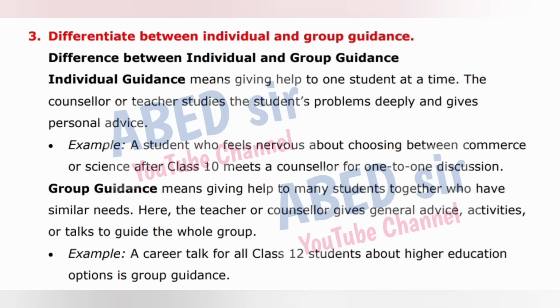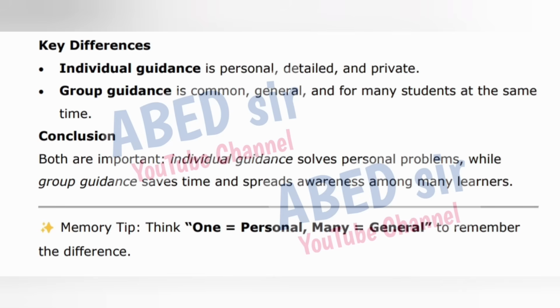Group guidance means giving help to many students together who have similar needs. Here, the teacher or counselor gives general advice, activities, or talks to guide the whole group. Example: a career talk for all class 12 students about higher education options is group guidance. Key differences. Individual guidance is personal, detailed, and private.